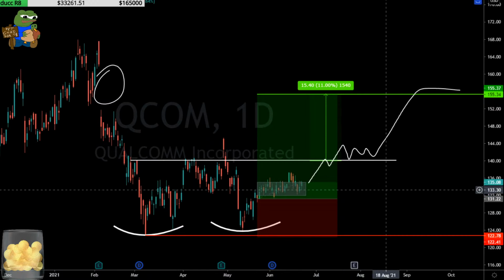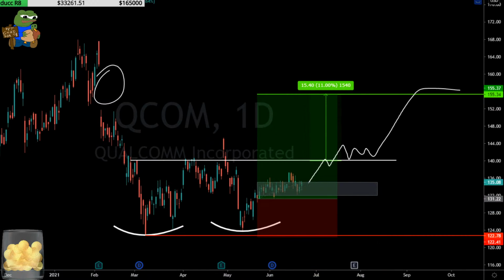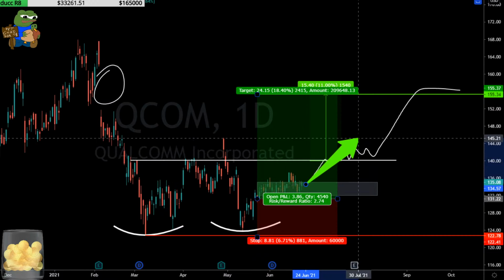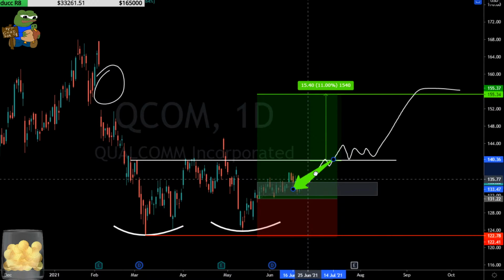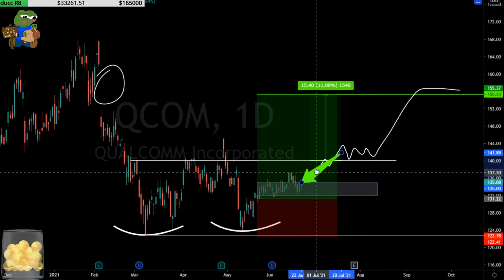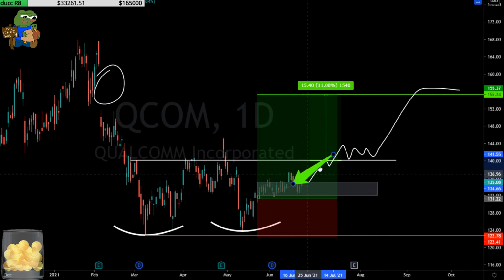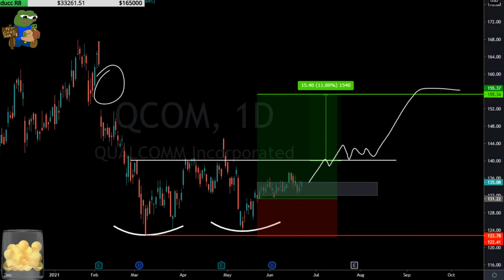So we need this to do something. Poke at it. If you were a stick, do something. Do something now. Do it right now. Do something. That's what we need from Qualcomm.